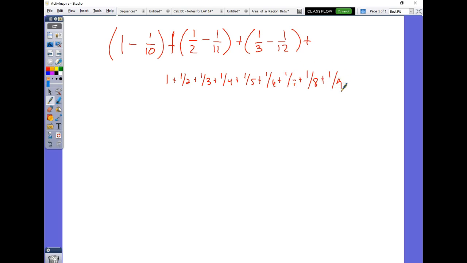And at 1/10 they start canceling. This would be an example of a telescoping series that eventually funnels down to, because this 10 would eventually cancel everything else after that. Make sense? So yeah, it's not quite as obvious sometimes, but you can start seeing the pattern as you go through.